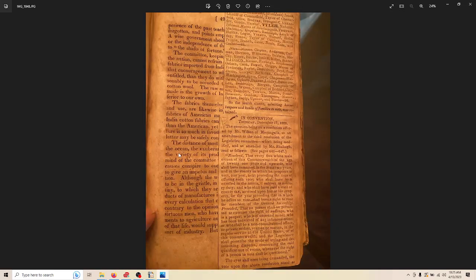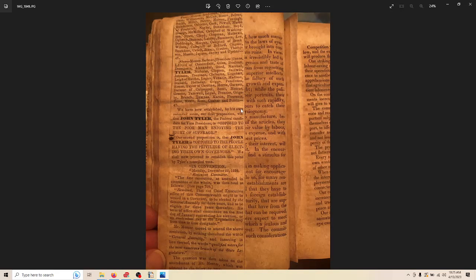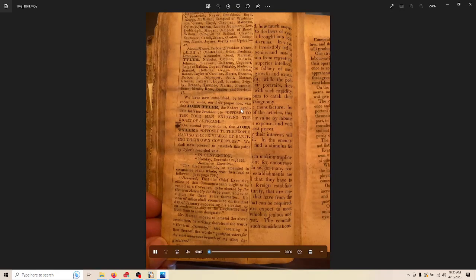And again, we're just flipping through these pages to get a feel for what this book looks like. We will focus on the articles at another time. This, for example, is the other markings within the book.